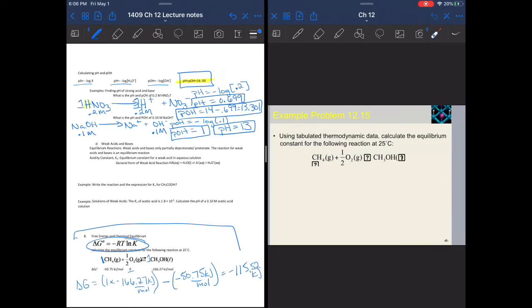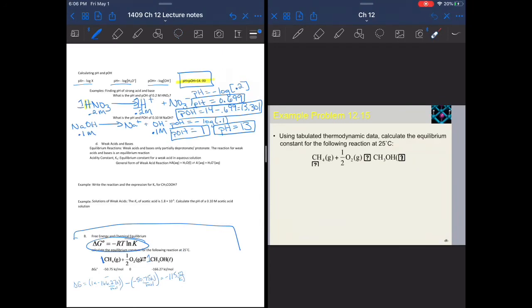All right, so if we want to solve this problem, we're going to make this all just a little bit smaller so that I have some room. All right, so we're given the temperature.